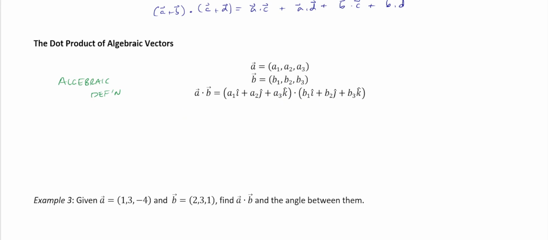Same thing with B. Now I just get a1 b1 plus a2 b2 plus a3 b3. Because this is all scalar multiplication, this is a scalar quantity.